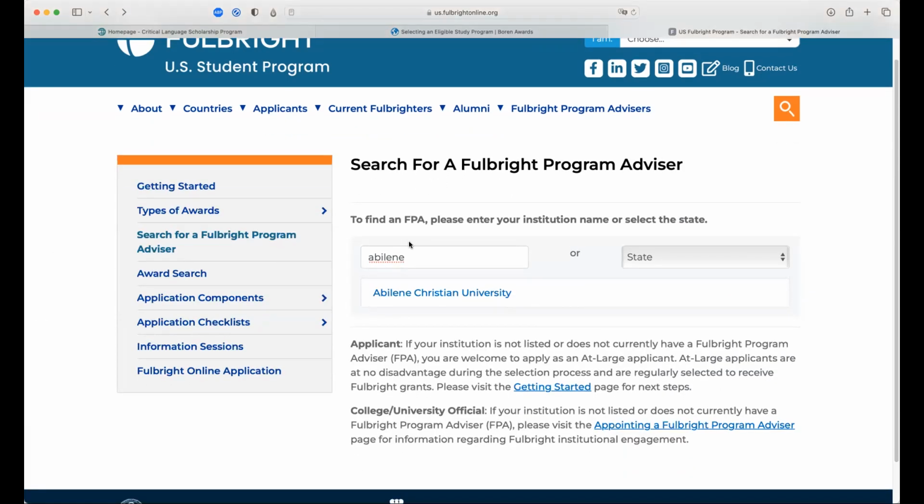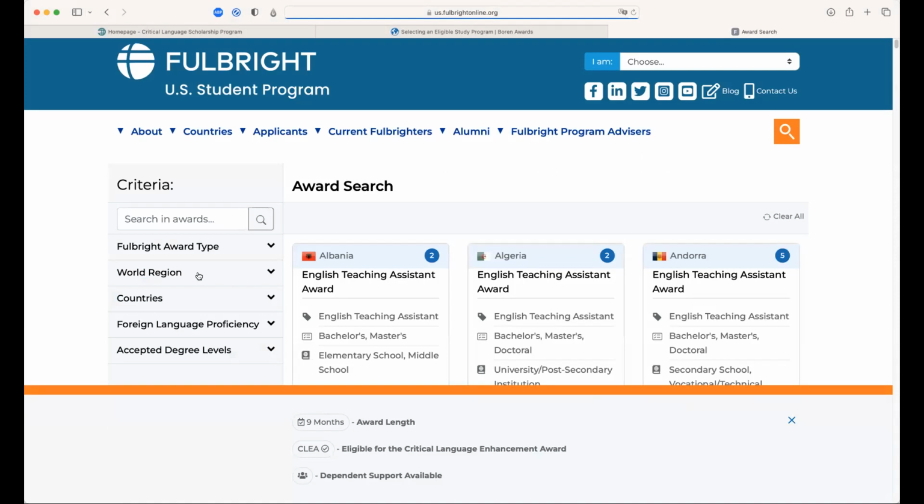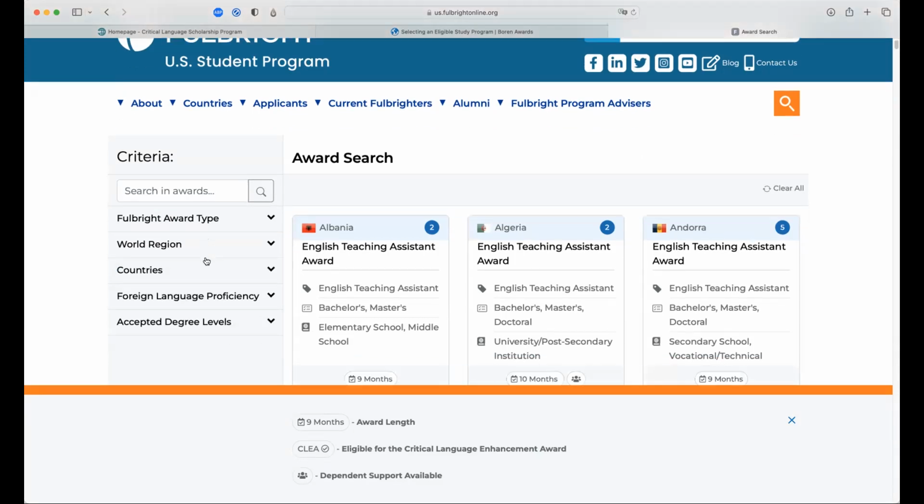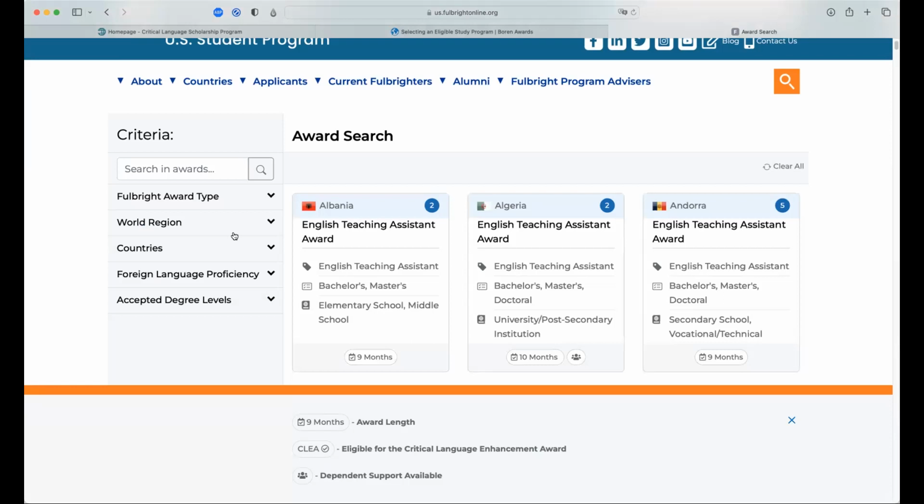Now, if we are looking around here, you see that there's also this award search. So you can plan out what it is that you're looking for in terms of what interests you. It could be you're more interested in the region, or you could be more interested in the type of award or the opportunity. By the way, some Fulbright students have awards that involve teaching at a foreign university because they have a master's degree or they're working on their doctorate, and this is part of their exchange.